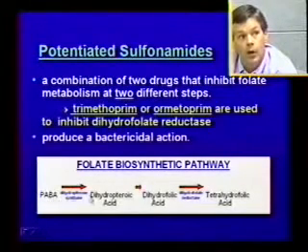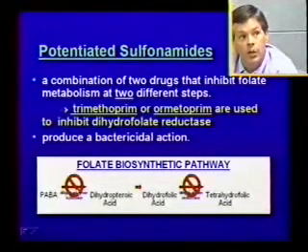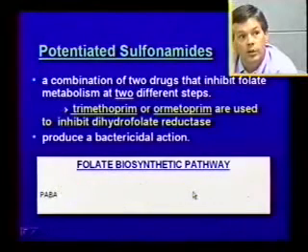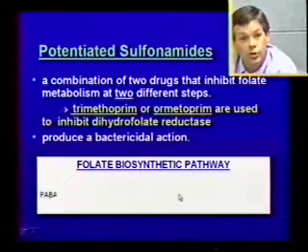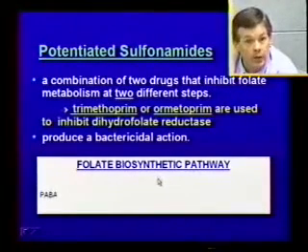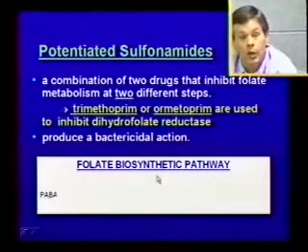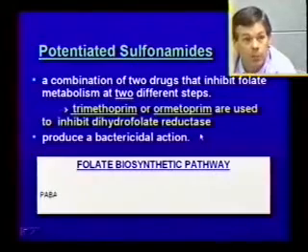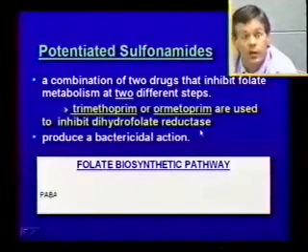As shown here, in this multi-step pathway, which eventually leads to the formation of pyrimidines and purines for DNA synthesis, the potentiated sulfonamides interfere with two steps. The first step, which was referred to before, as well as the second step. As a result of this sequential blockade of folate metabolism, these agents can be much more effective than the regular sulfonamide drugs, and as a result, they are also bactericidal in most organisms that are sensitive to these agents.